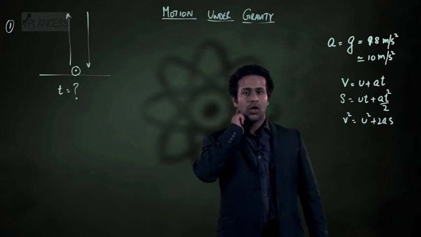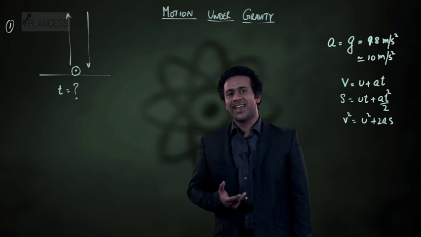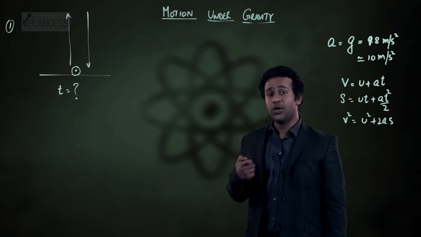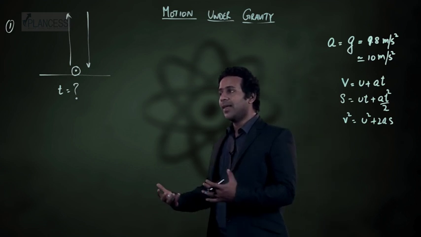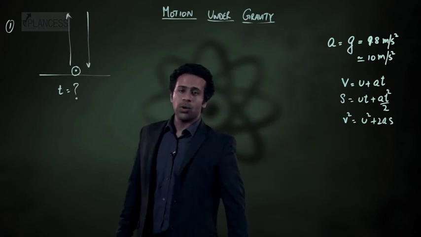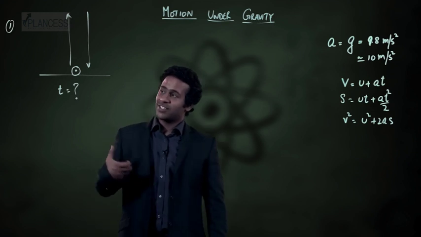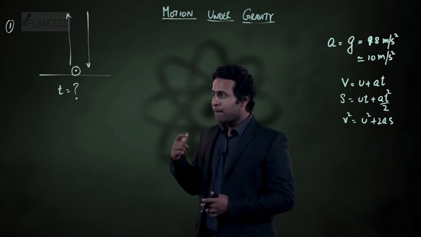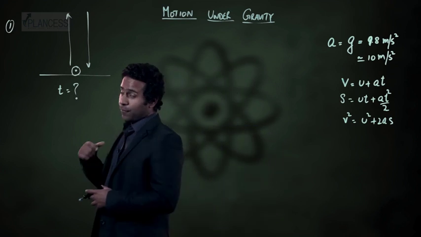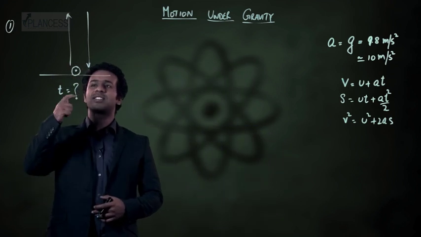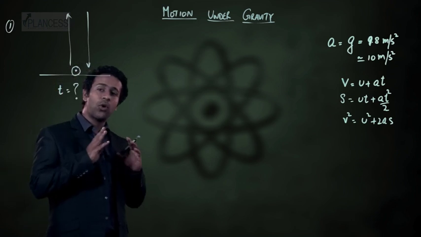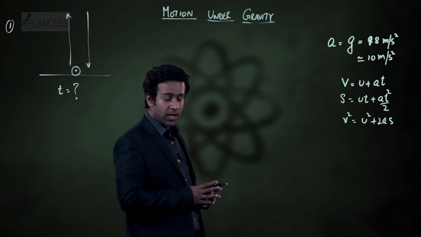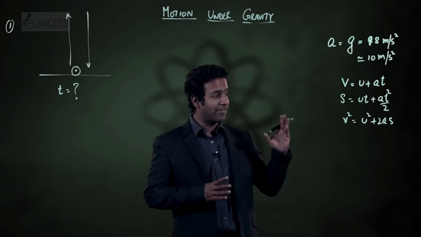Once again, first let's try to identify the known variables. In this case, what do you think is known? At first sight, it might seem that we don't have any information. But let's look closely. First of all, we know that once the ball is in the air, there is no other force acting on this ball other than gravity.